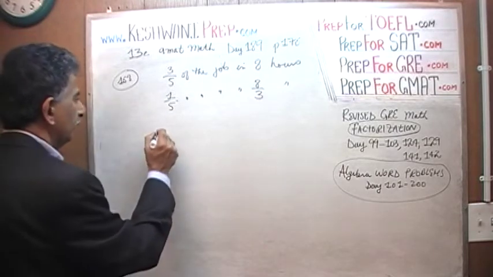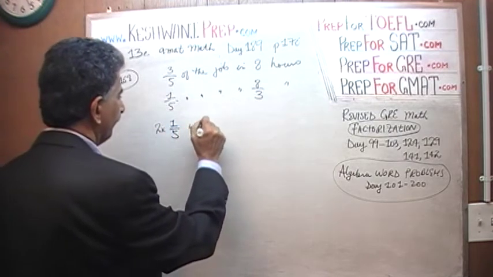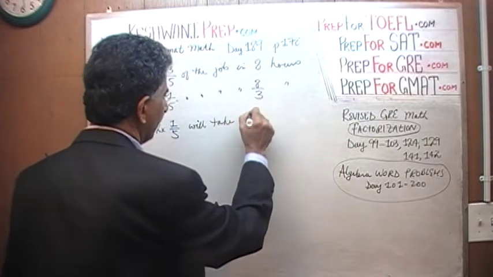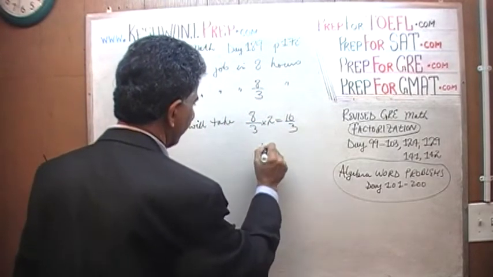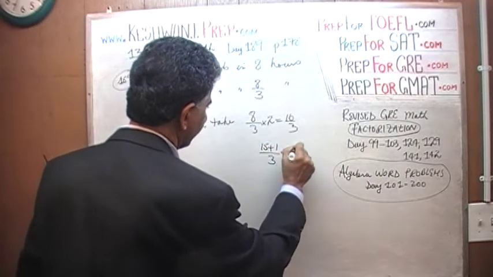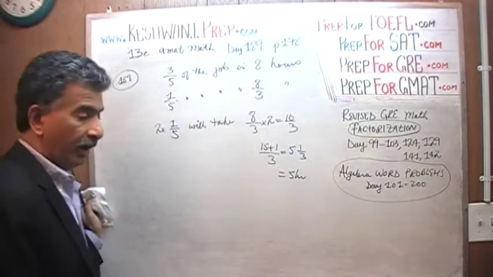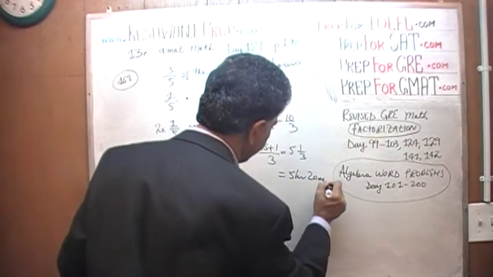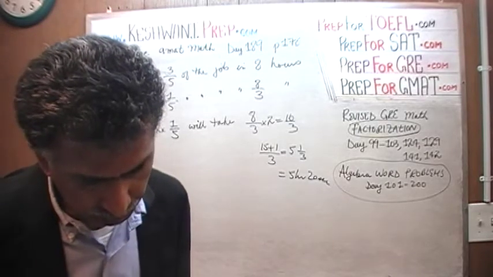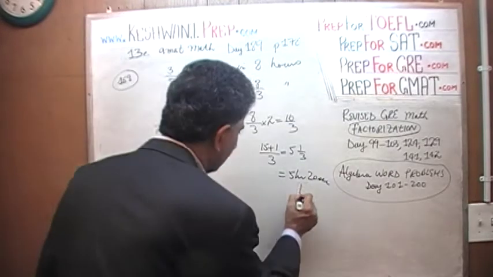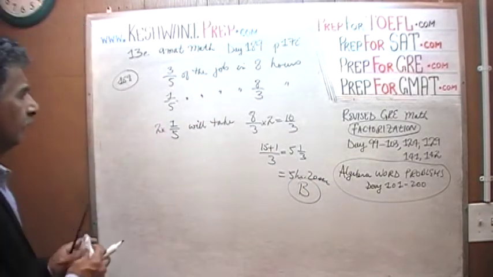Therefore 2/5 will take 2 times the amount of time, which is 16/3, which is the same as 5 1/3, which is 5 hours and 1/3 of an hour, which is simply 20 minutes. That's it, we're done. The answer is B. Answer choice B. Let's do the next one, shall we?